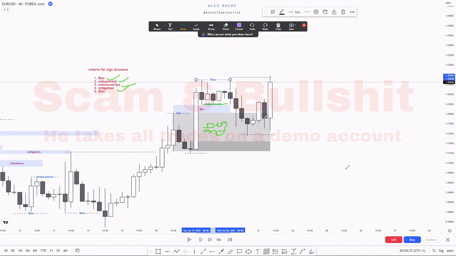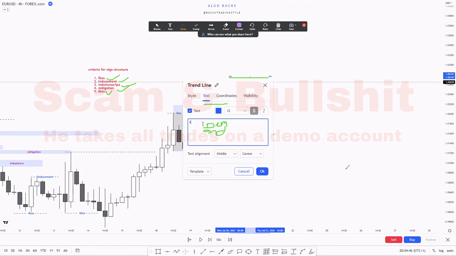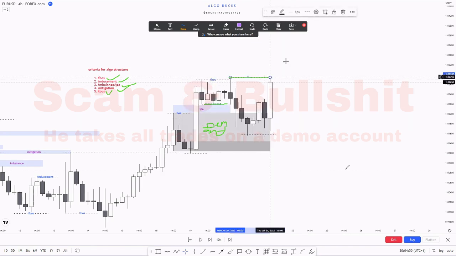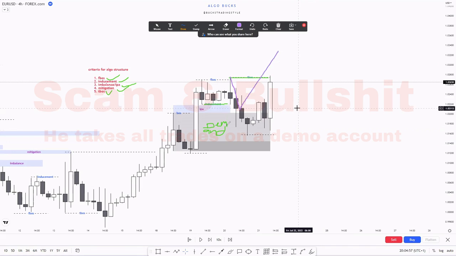Price mitigated this demand zone, and then price shot to the upside, and then the true break of structure becomes this high right here. So we can tag this high as a true break of structure. You understand this? Yeah, it's also valid, because it took out the inducement low.